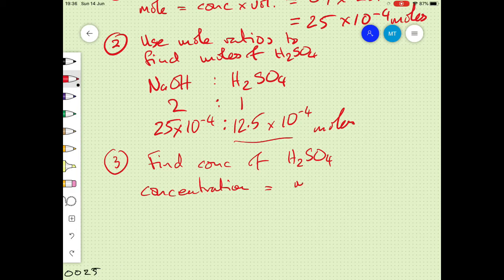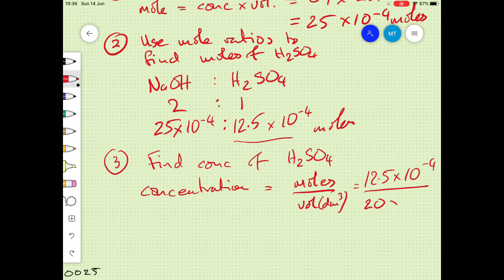So it's 12.5 times 10 to the minus 4 moles divided by 20 times 10 to the minus 3.